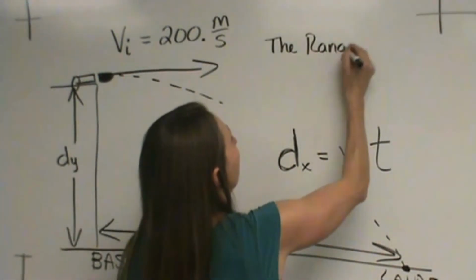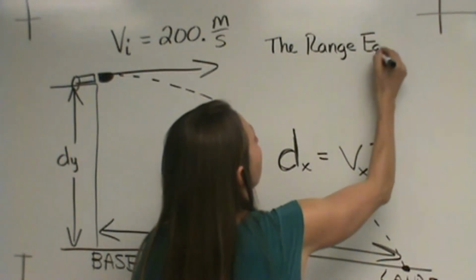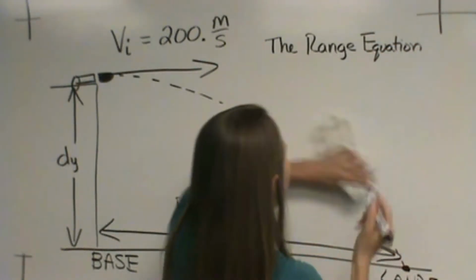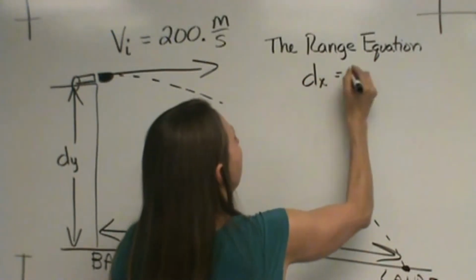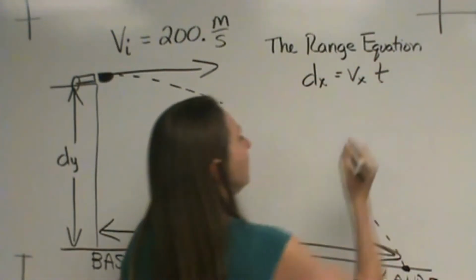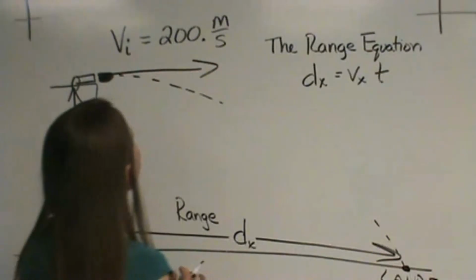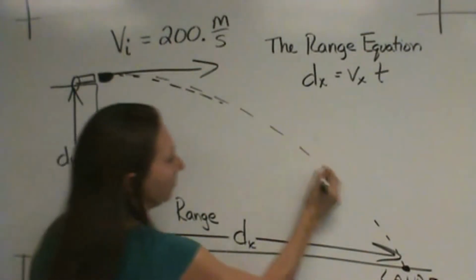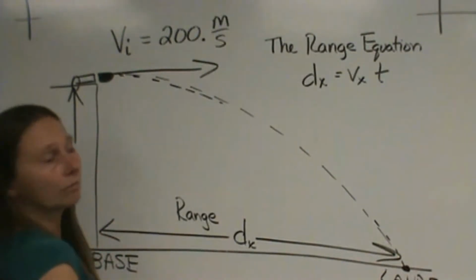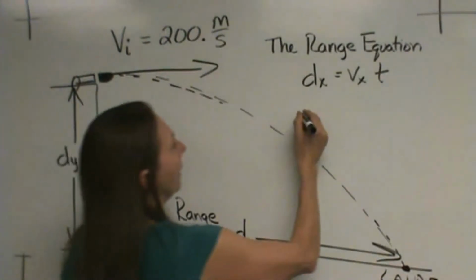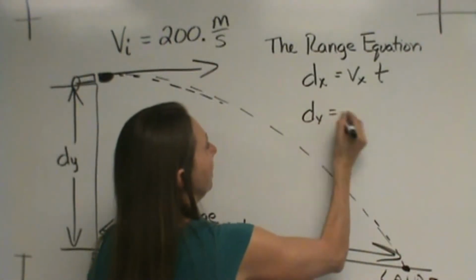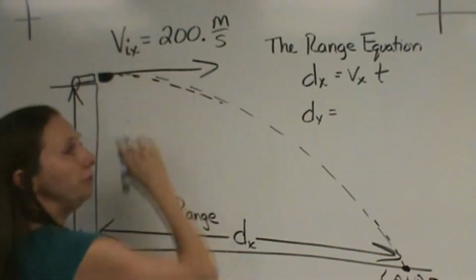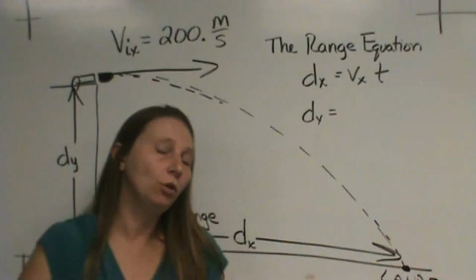So, to figure out the range of this bullet, all right, dx is going to be the x velocity. So v initial is the only x velocity we have. It stays constant the whole time. So v initial x is vx, is v final x. The only x velocity we have is v initial x.